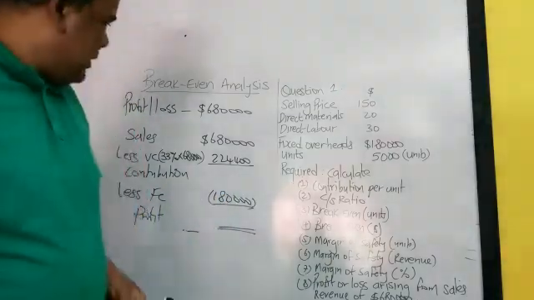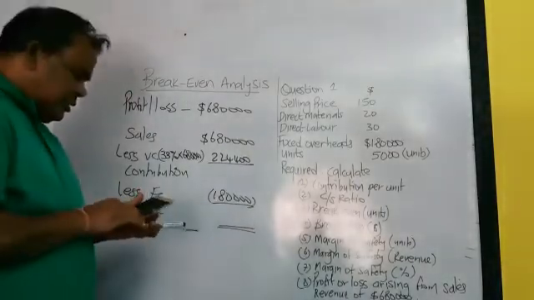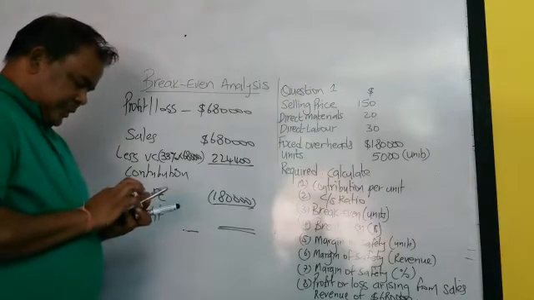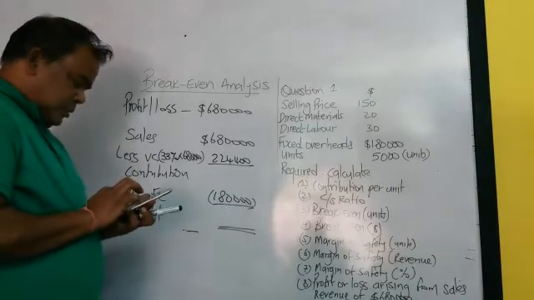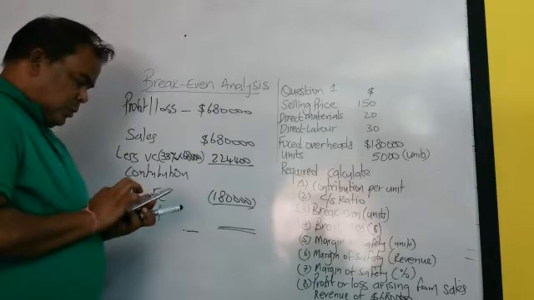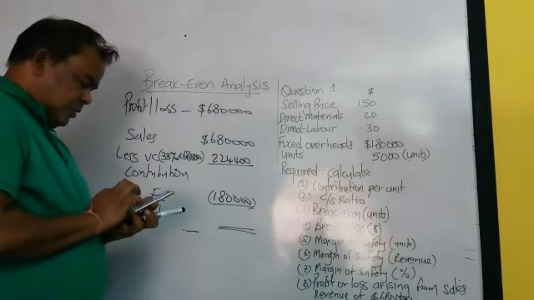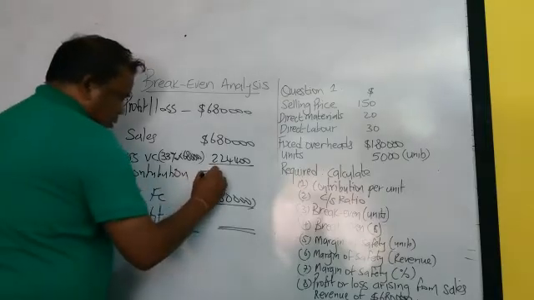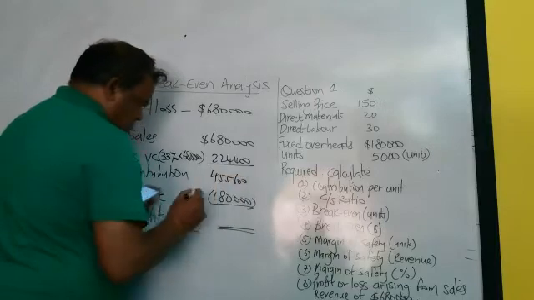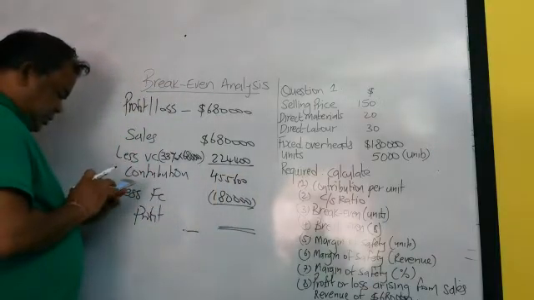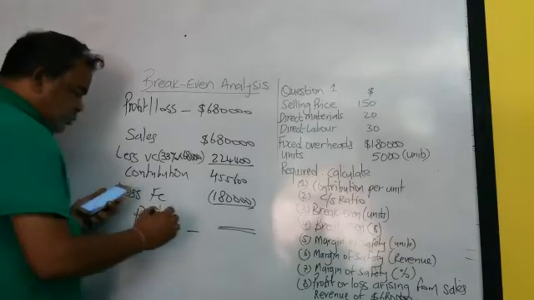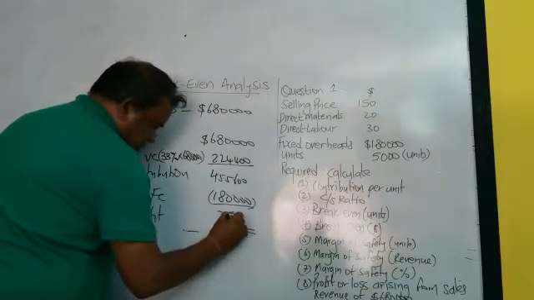Therefore, we have to deduct: 680 000 less 224 400 gives us 455 600. Then 455 600, we remove 180 000, which gives us 275 600.